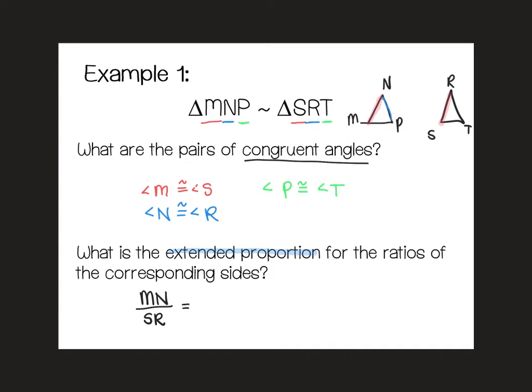So if I do NP, that would correspond to RT. And then the last one, PM to TS. And so this is just considered an extended proportion. Basically, we're doing exactly what I did last time where I was taking like 2/4, except I'm just writing it with letters instead of numbers.